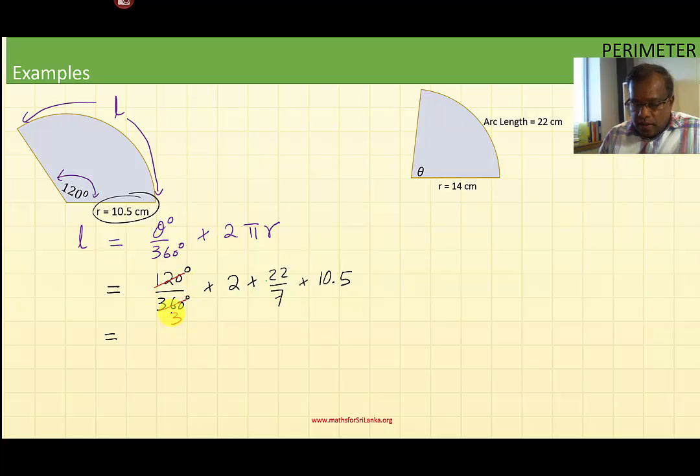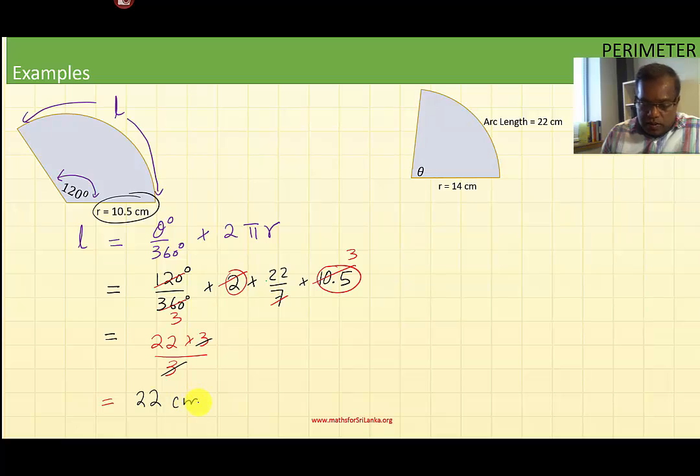And 2 times 10.5 is 21, which cancels with 7 times 3. So we have L equal to 22 times 3 in the numerator, divided by 3. The 3 cancels out, so we get L equal to 22 centimeters.